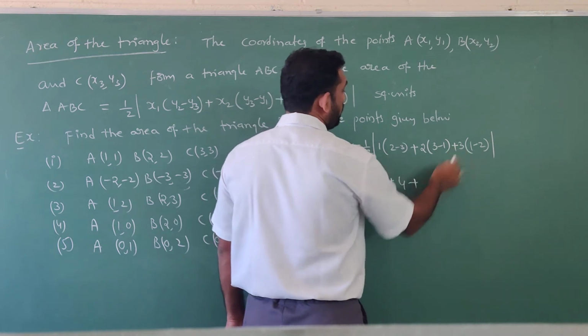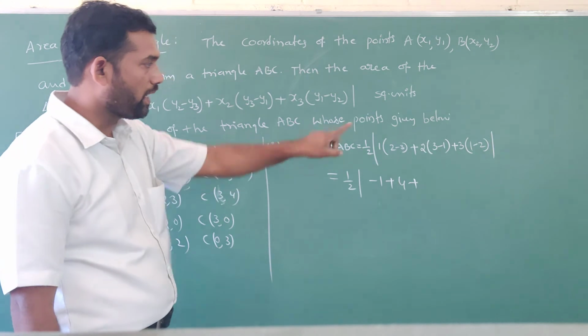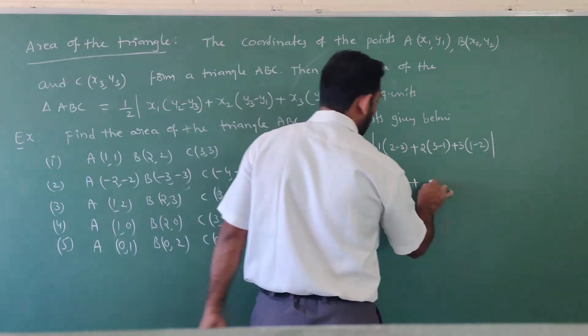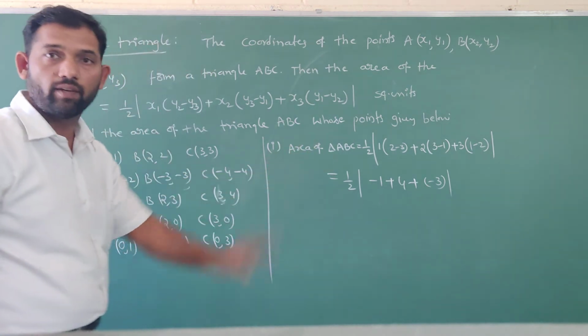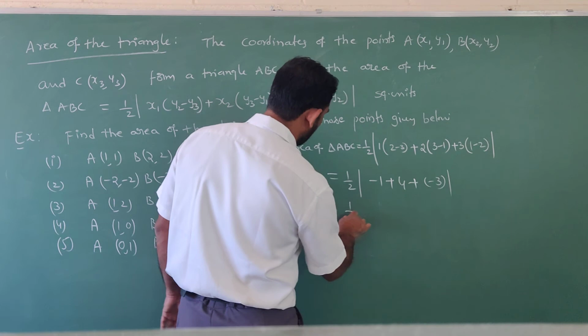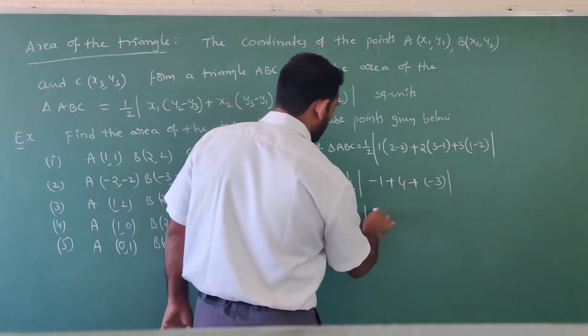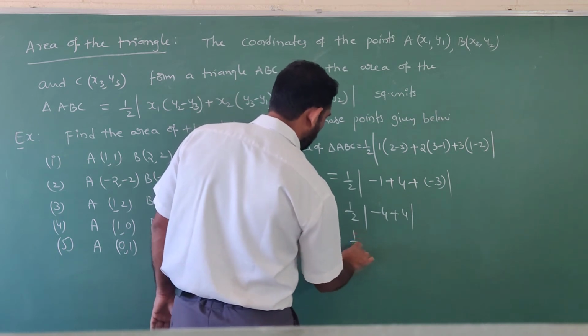Plus 3 into 1 minus 2, so minus 1, minus 1 into 3, minus 3. I have directly written it, I hope you understand. 1 by 2 modulus of minus 1 minus 3 minus 4 plus 4... so this should be 0.